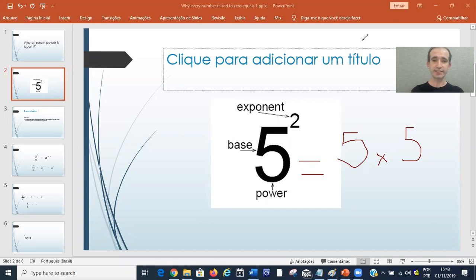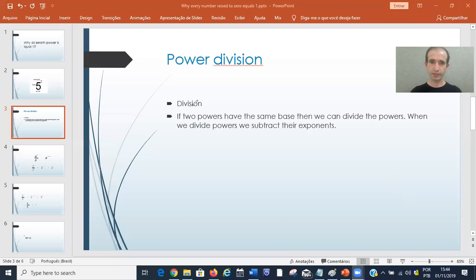Let's move on to the next slide to introduce the answer to the main question, why any zeroth power is equal to 1. We need to remember some points briefly. Do you remember the power division rule?